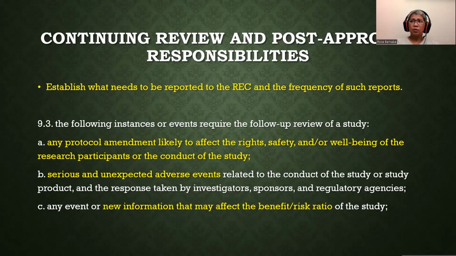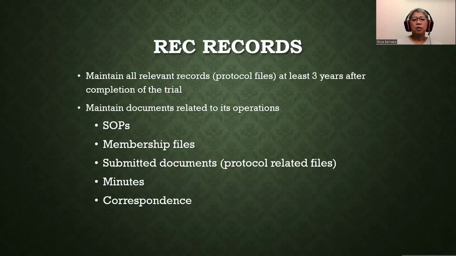Now, whether research ethics committees also have the responsibility not only to receive these reports and probably to act on them, but also to actively monitor research, is up for discussion. Now, when it comes to records, of course, an ethics committee must maintain all relevant records. 3 years seems to be standard for some, 5 years for others, or maybe even longer.